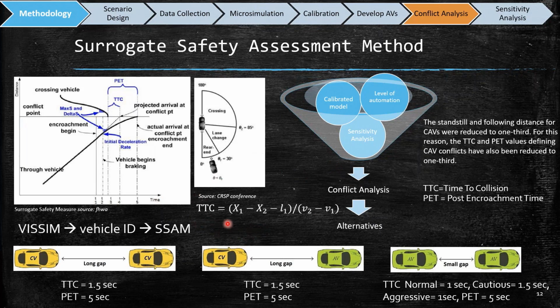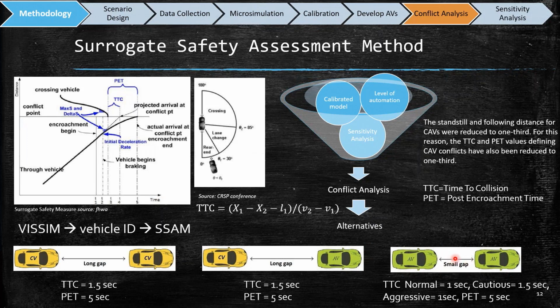So we can consider the maximum TTC to be 1.5 seconds between two vehicles, but we cannot rely on those values. We can use the vehicle ID, go back to Vissim, identify which type of automated vehicle it is, distinguish it from conventional vehicles, and then go back and analyze the TTC to see whether it is under the range or not.